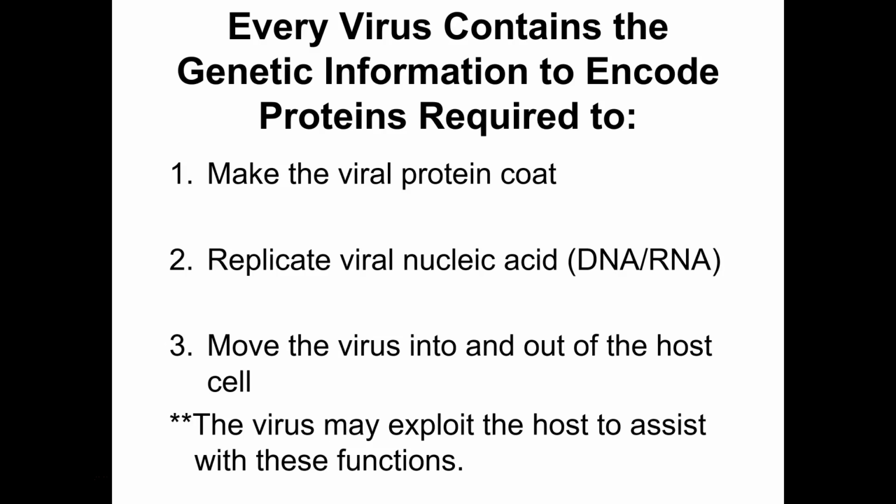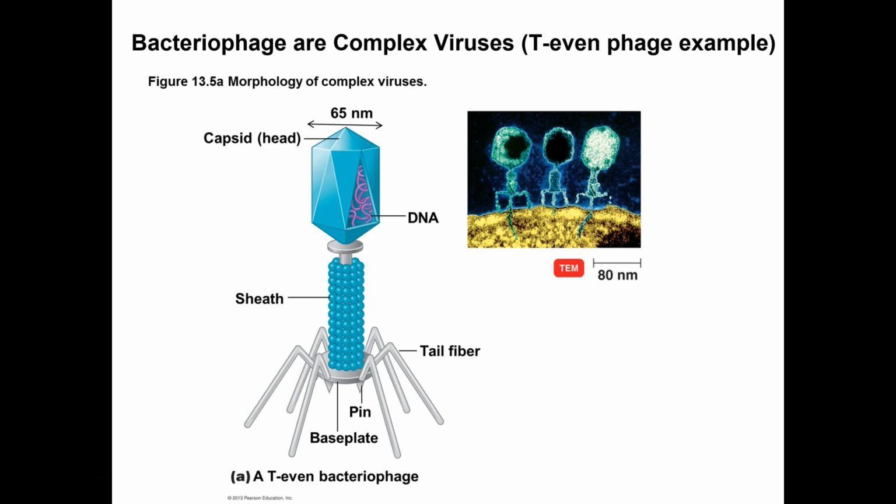How they go about each one of these in detail depends on the virus in question. Moving on from all viruses, like I warned you, we're going to focus on bacteriophages, viruses of bacteria, and again we focus on them because they are double-stranded DNA viruses. They are somewhat relatable to what we know from the semester.